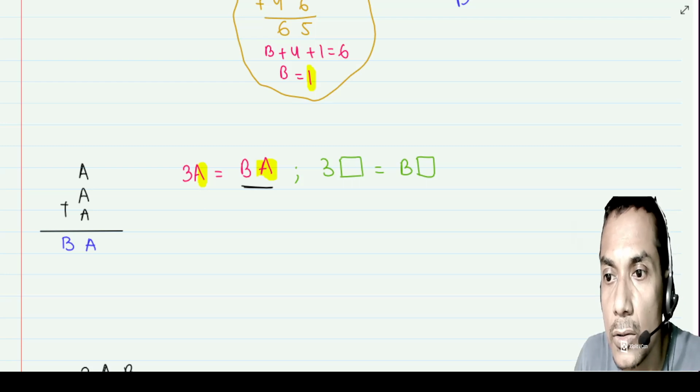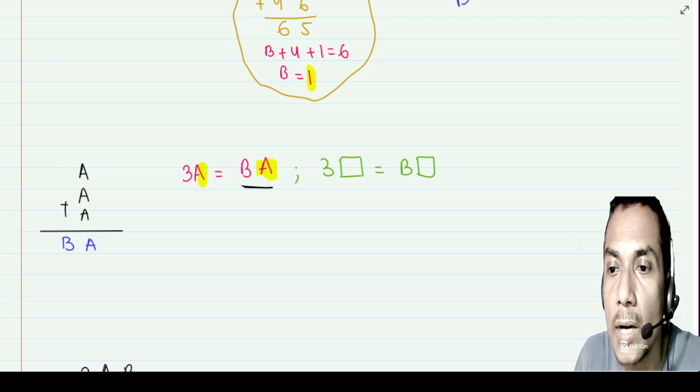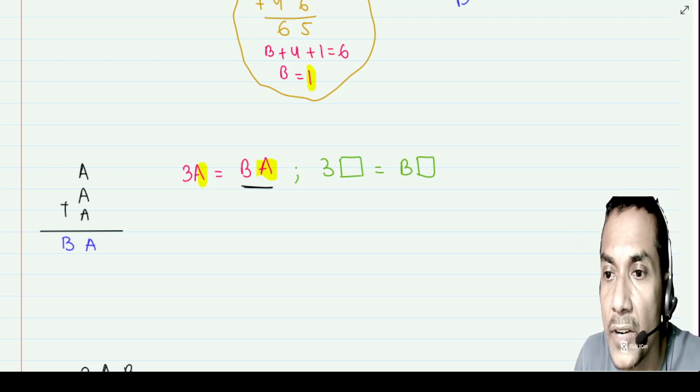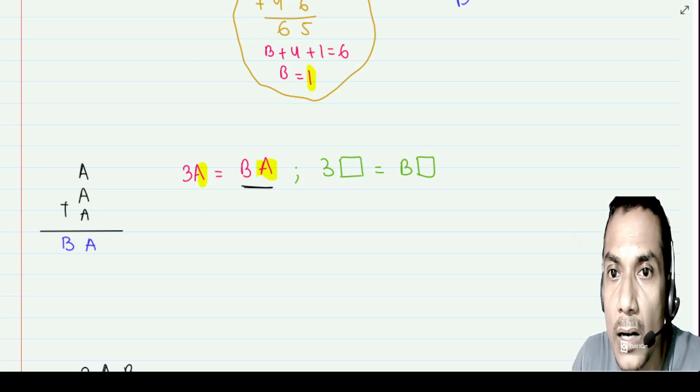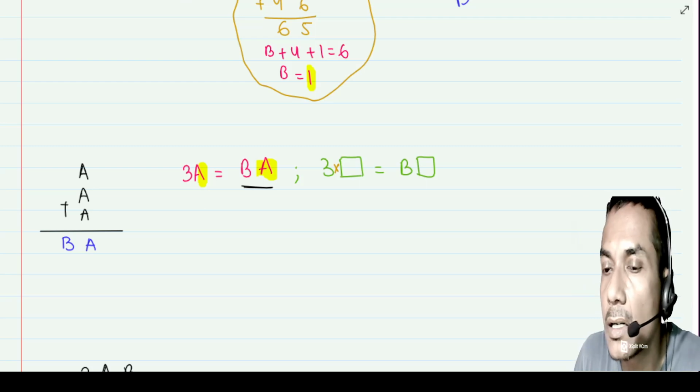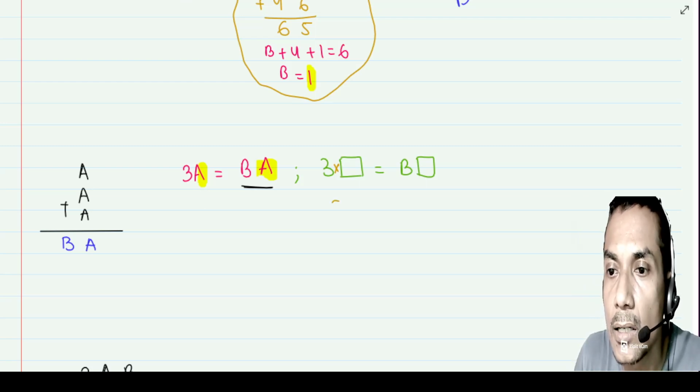If I consider 0, definitely it matches, but then the value will be 0, right? So 3 into 0 is equal to 0. So there will be no 2-digit number. If it is 1, then 3 into 1 gets a 1-digit number.